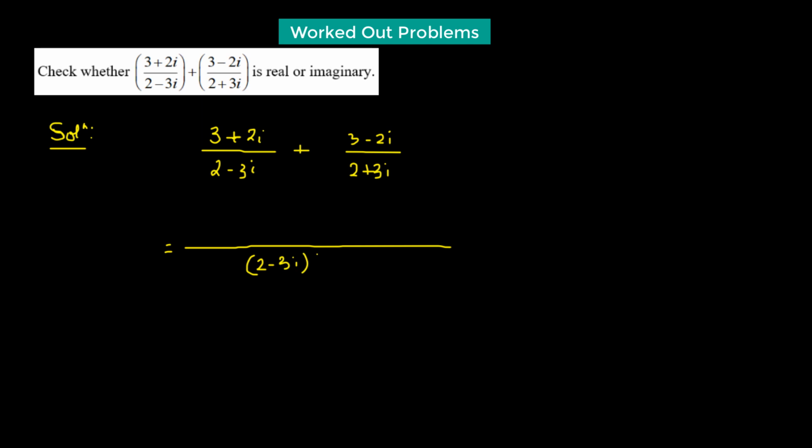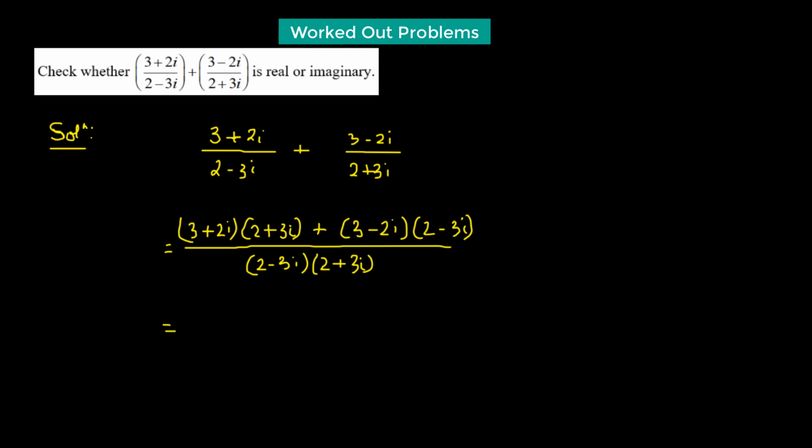We have 2 minus 3i multiplied to 2 plus 3i. Then we are going to cross multiply the elements in the diagonal, which is 3 plus 2i multiplied to 2 plus 3i, and this product will be added to the product of the elements in the other diagonal. So that means we'll multiply 3 minus 2i and 2 minus 3i.